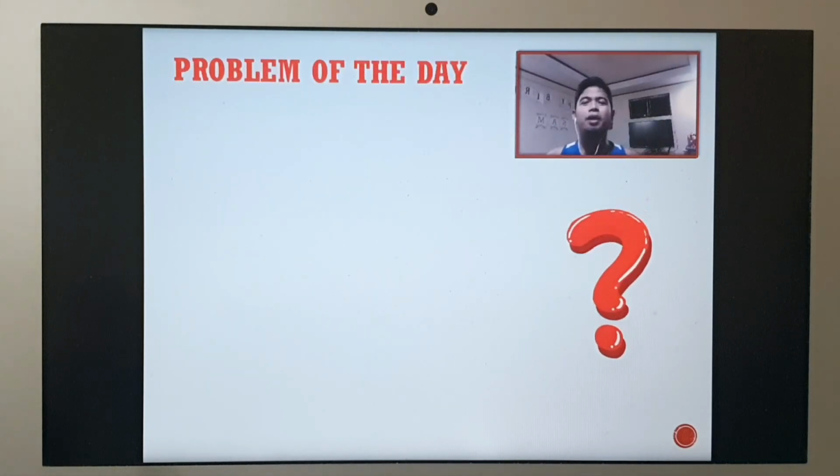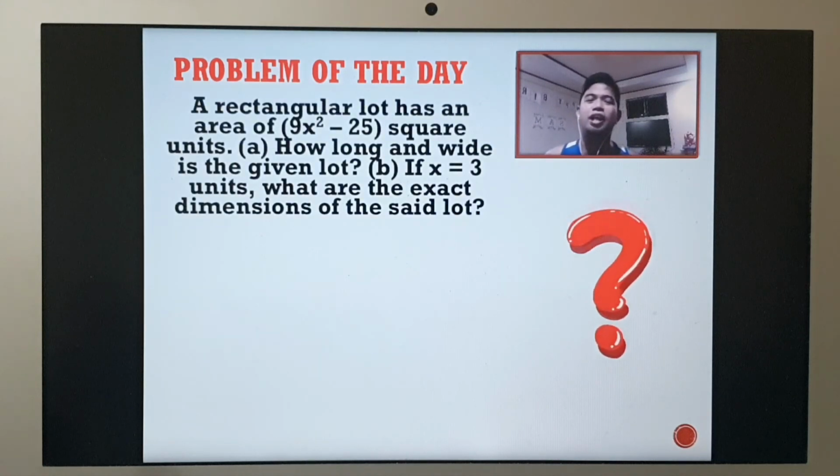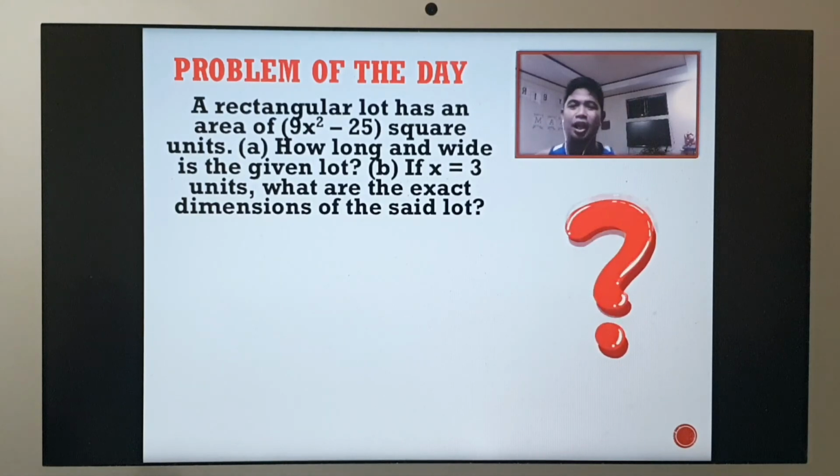Now, let us apply the factoring method in solving the problem of the day given at the beginning of our lesson. And here it is again. A rectangular lot has an area of 9x squared minus 25 square units. Letter A, how long and wide is the given lot?